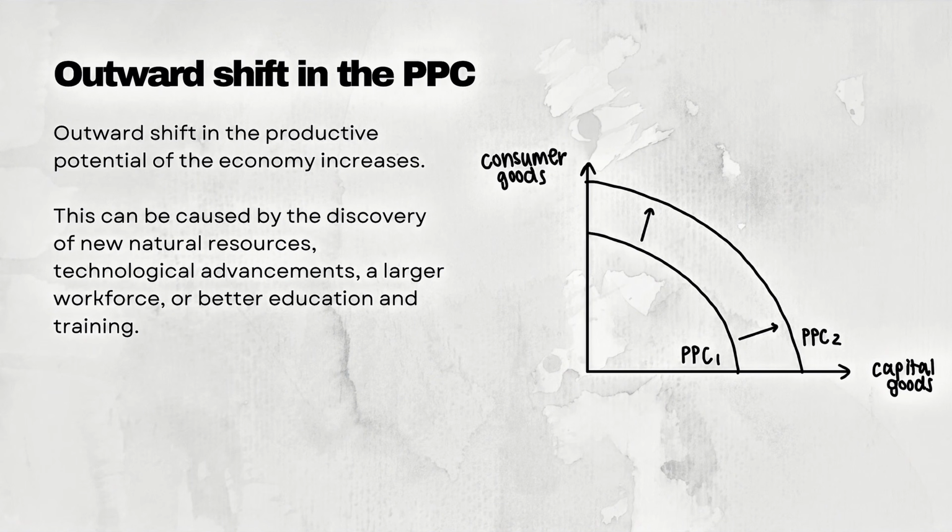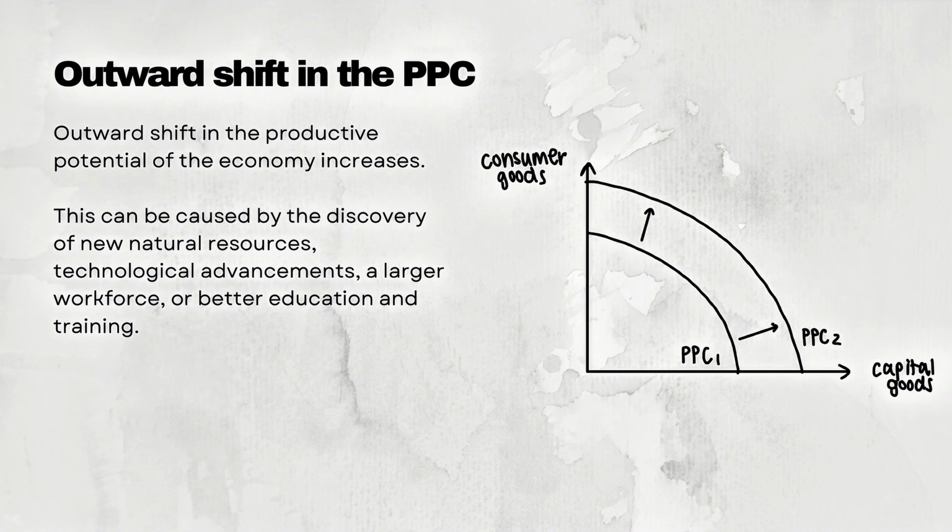It is possible for the production possibility curve to shift out or to shift in. An outward shift in the PPC curve means that the productive potential of the economy increases. To use my example of Usain Bolt from a few slides ago, this is the equivalent of Usain Bolt being able to put on some meaningful muscle in order to facilitate his run. And the additional muscle and lung capacity is able to boost his energy levels in his sprint, which will result in a faster time.